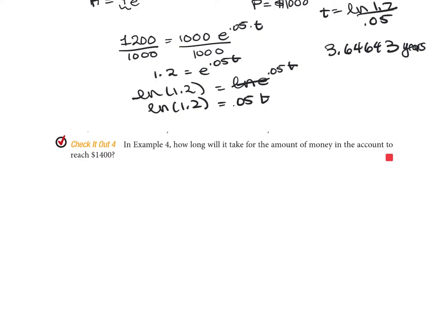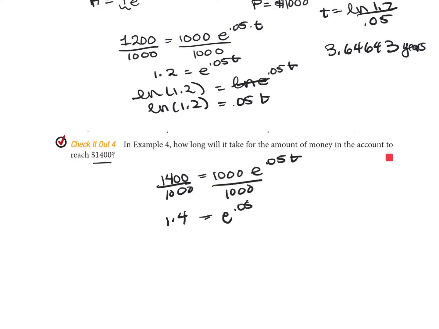Okay, let's see how you did. So instead of having 1,200, we're going to put 1,400 there. Starting with 1,000 at the same 5%, which is an excellent interest rate these days, sadly, for just fixed savings. Take the natural log of both sides.